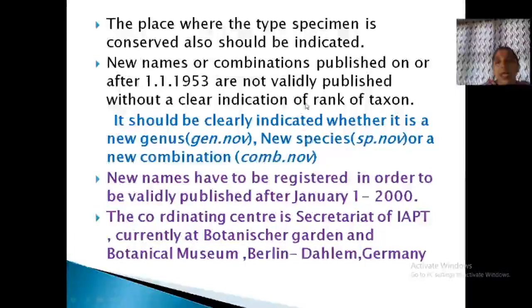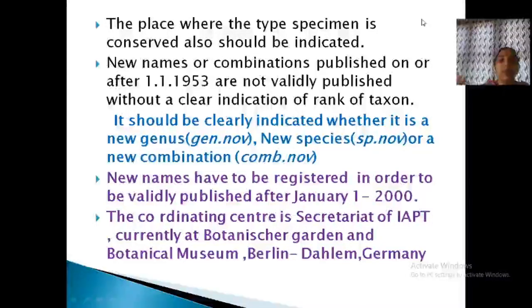For example, you are doing your research and you find a new species, a new taxon, and your research center is Surrey College, and you have a herbarium at Surrey College. Now, it is not registered. So, if it is registered, you can keep the type specimen in the Surrey College herbarium.